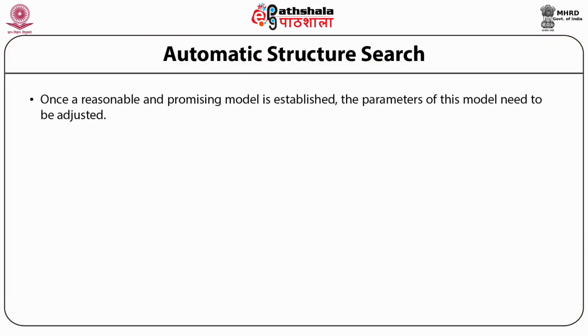Once a reasonable and promising model is established and parameters of this model need to be adjusted, there are several ways for this procedure, which are based on a trial and error procedure, whereby scanning the parameter space is the most basic procedure.